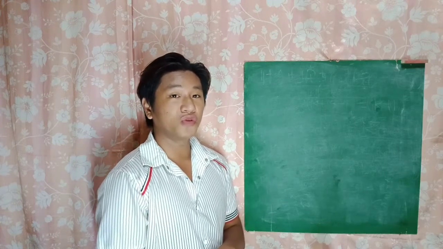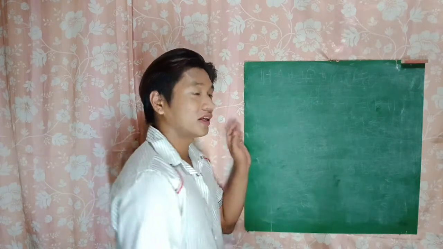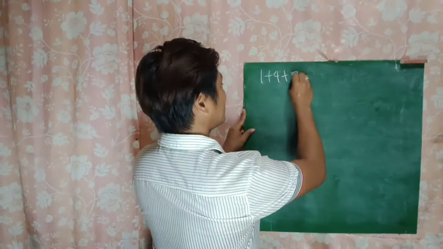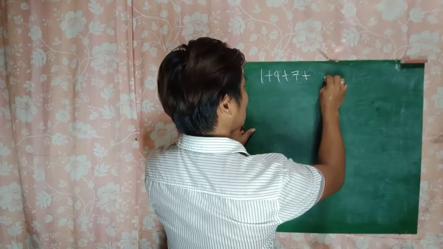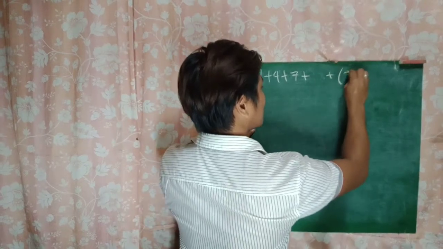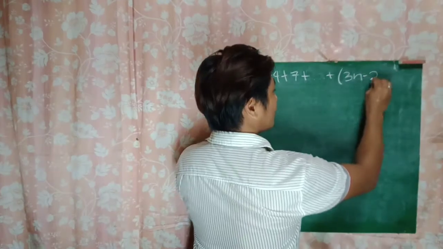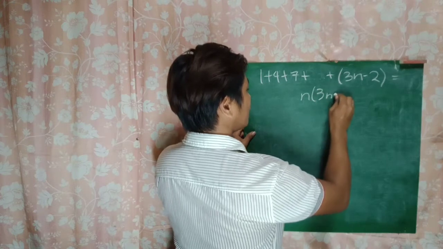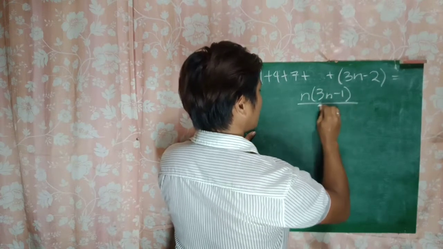So another example, we need to have another example that we can prove that all positive integers are possible. So by letting the example of 1 plus 4 plus 7 plus ... plus 3n minus 2 equals n(3n minus 1) over 2.